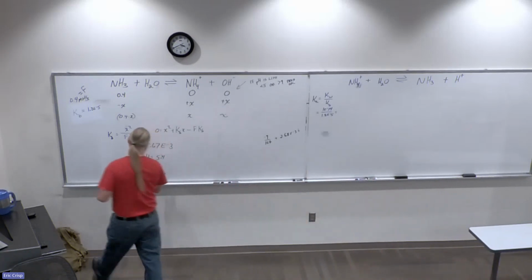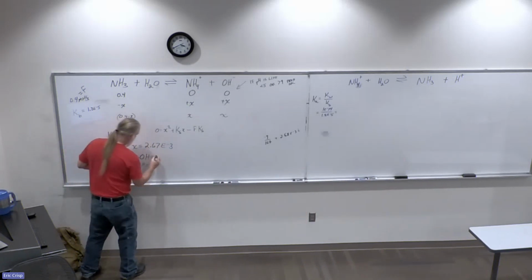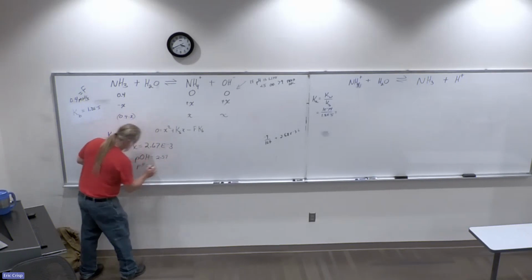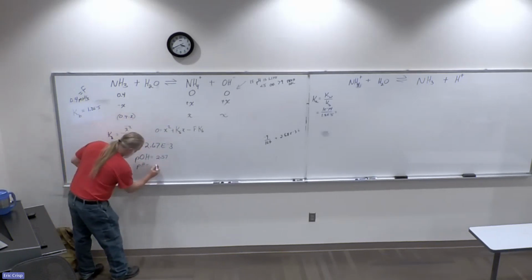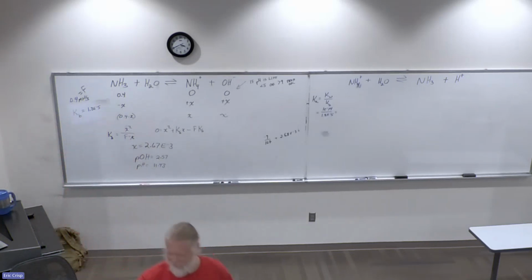Okay, good. 2.57 is also happier because that's going to give us 11.43 for pH, right? Okay, that's probably accurate. What happened? You're saying the x had other numbers. But sig figs, right? Those other numbers, yeah, they're the math solution, but. Right. Okay.